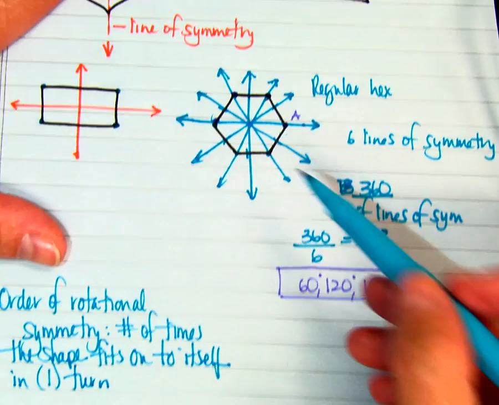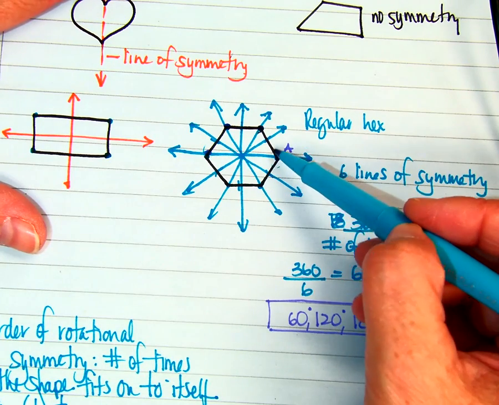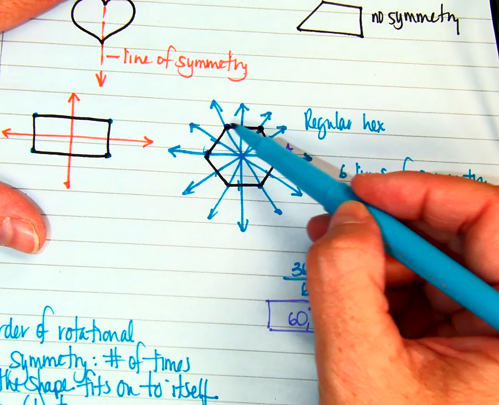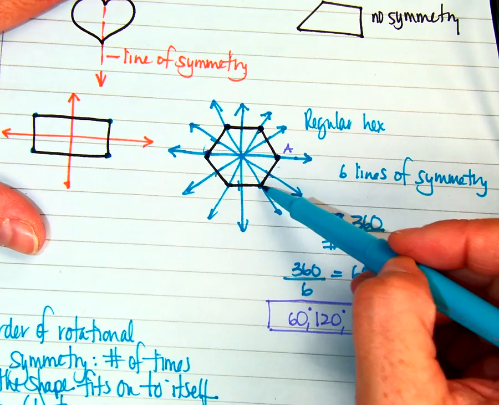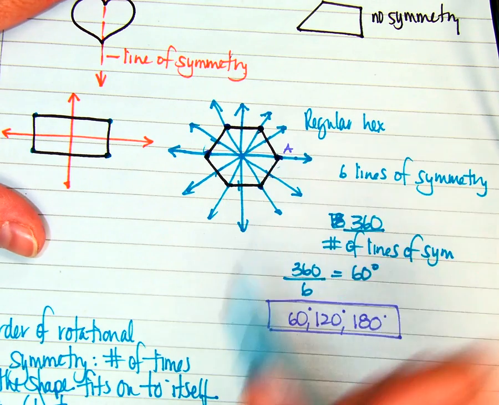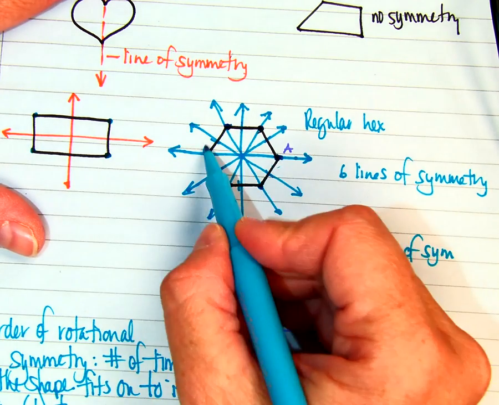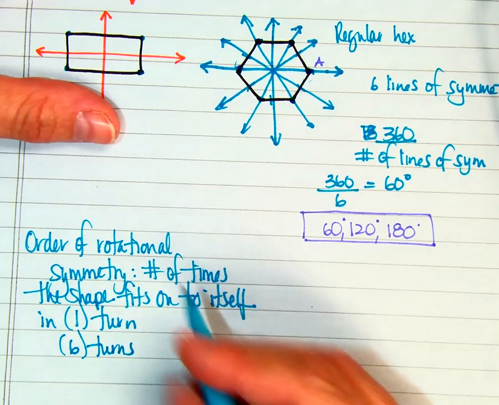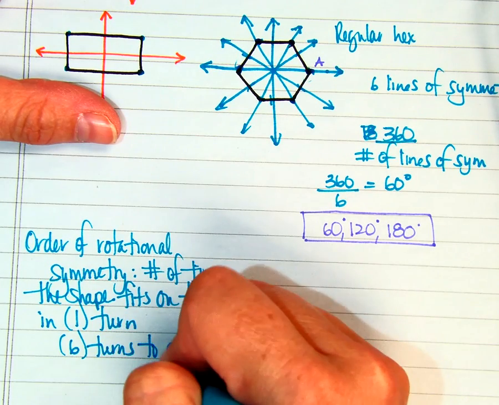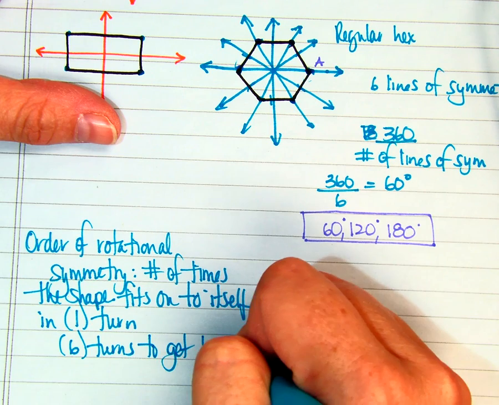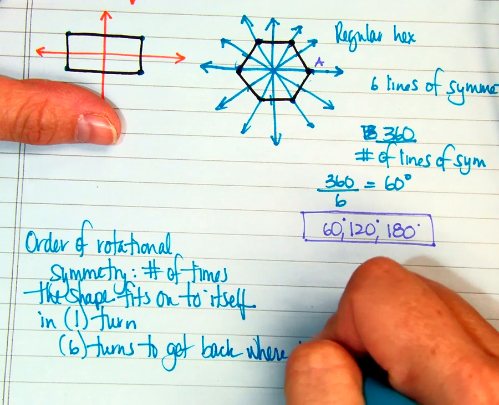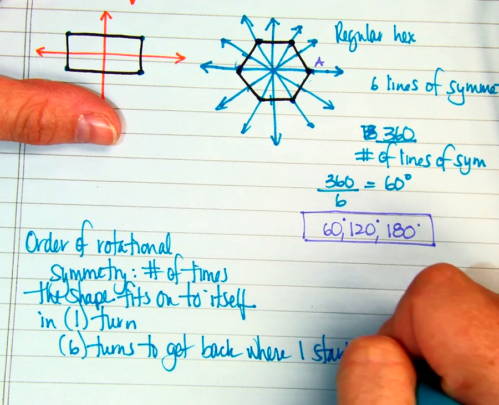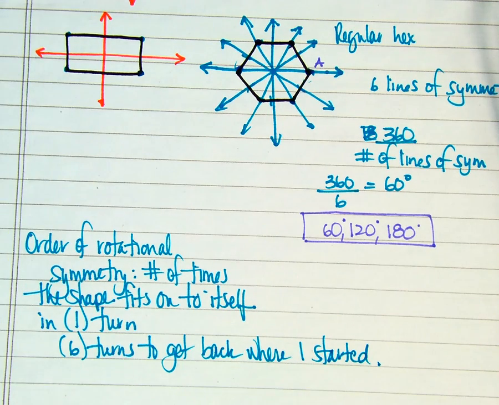Okay, so if we go back up to this, it would have 1, 2, 3, 4, 5, 6. So it would take me 6 turns to get it back to where I started. So this would be the order of rotational symmetry.